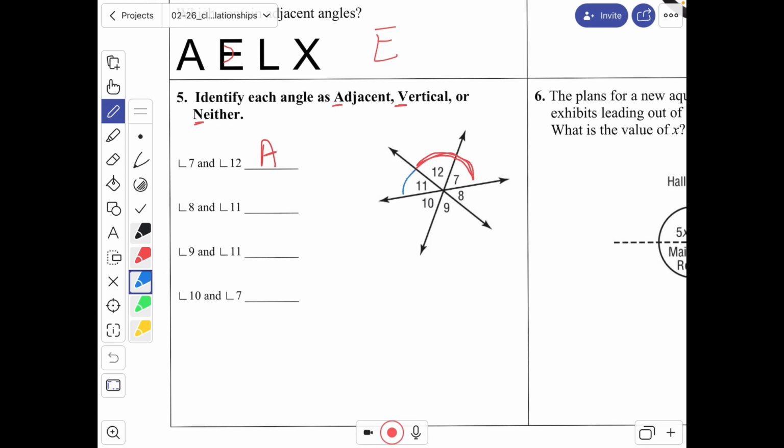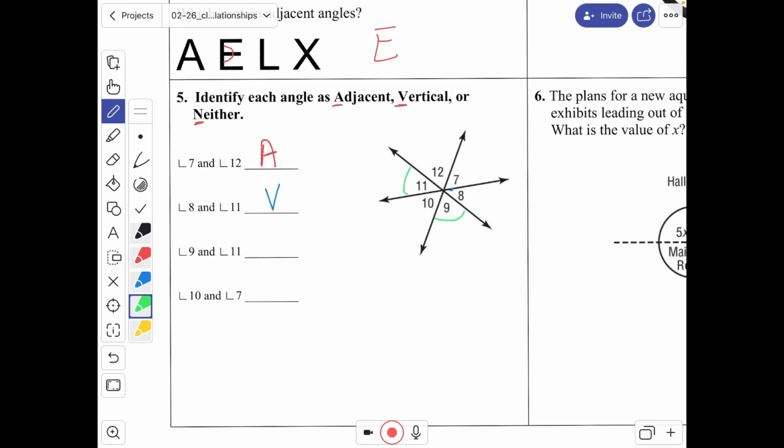Then we have 8 and 11. They are across from each other, or opposite each other. That is vertical. And then we have angle 9 and 11.